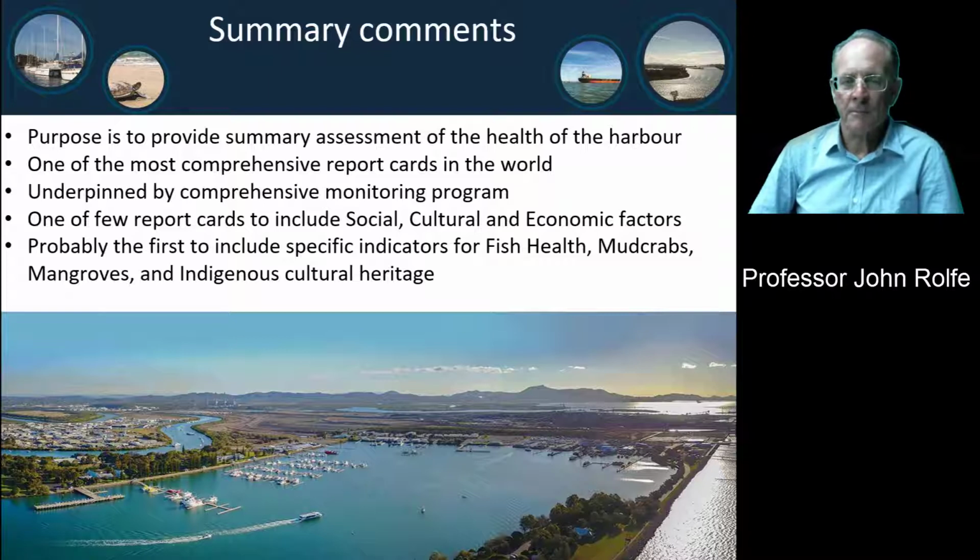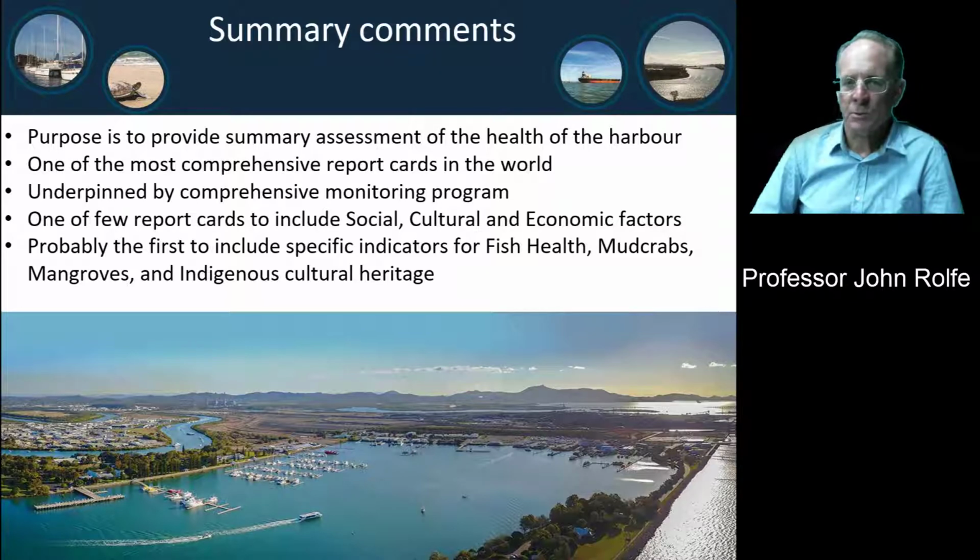So in summary, the purpose of the Gladstone Harbour report card is to provide an assessment each year of the overall health of the harbour. It's one of the most comprehensive report cards in the world, and it's underpinned by a very comprehensive monitoring program that each year assesses a number of different indicators and considers them against a number of benchmarks and other scientific evidence.